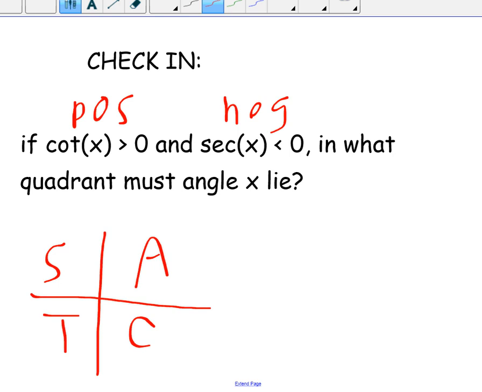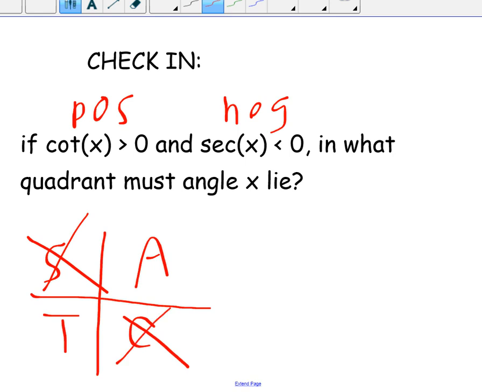So in quadrant 1, everything's positive, so that checks out. In quadrant 2, sine is positive, but cotangent is negative, so it can't be quadrant 2. In quadrant 3, tangent is positive, check. In quadrant 4, cosine is positive, but tangent is negative, so it cannot be quadrant 4.